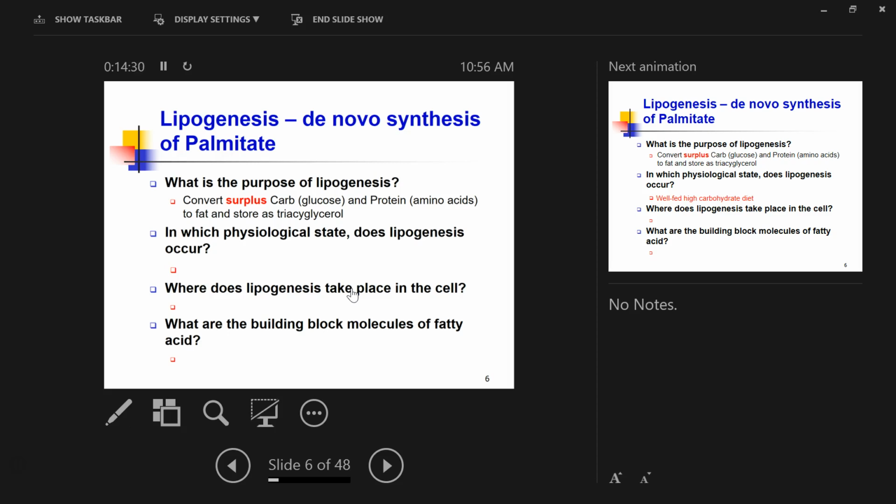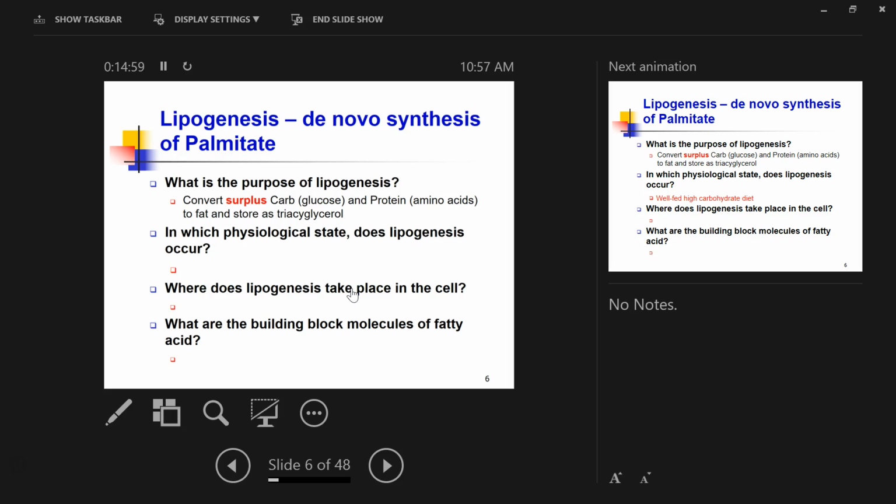First, the definition of lipogenesis we described: it is the process that converts surplus carbohydrate and protein to fat and stored as triglyceride in adipose tissue, right? So this is a process that is defined as lipogenesis.